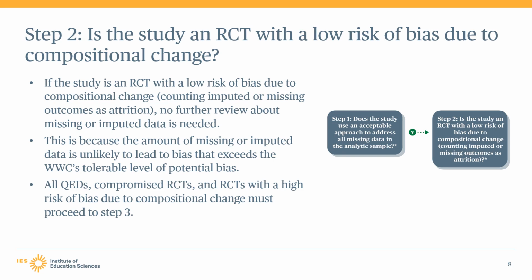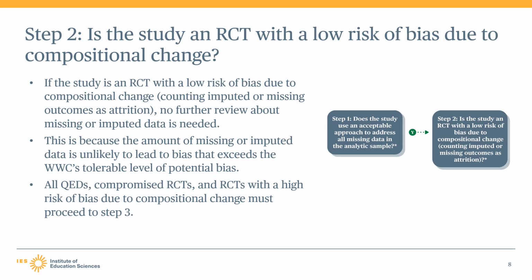At this step, if the study is an RCT with a low risk of bias due to compositional change, it is eligible to be rated meets WWC standards without reservations. This is because the amount of missing or imputed data in these types of studies is unlikely to lead to bias that exceeds the WWC's tolerable level of potential bias.